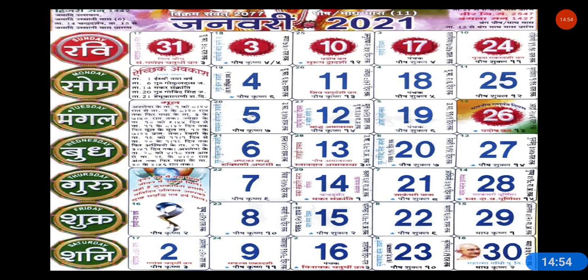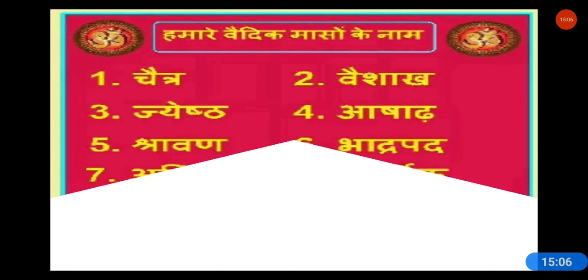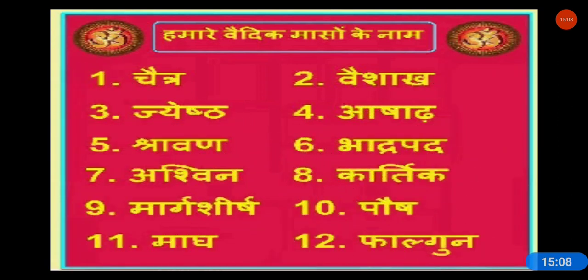Let me show you something. This is the Hindu calendar of 2021. In the Hindu calendar, there are 12 months and their names are different.